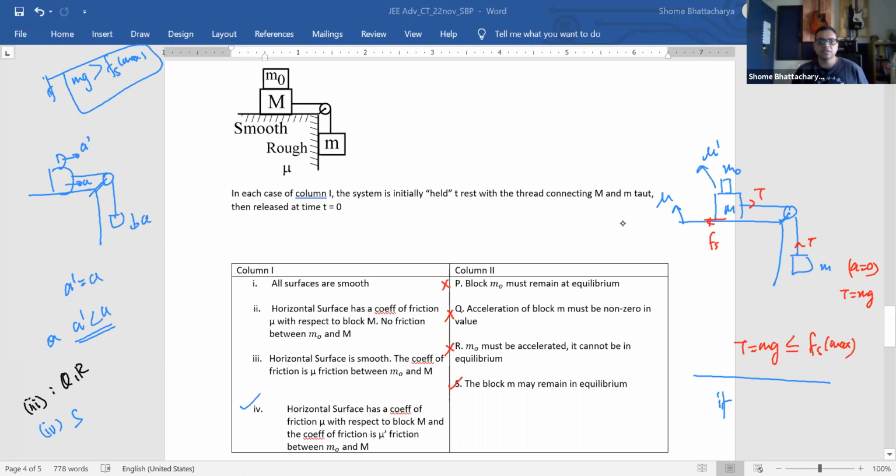It may be accelerated such that both these blocks move together, may be accelerated such that there's slipping between m naught and m, capital M. All the possibilities are there. Viraj, is the question clear, beta? The fourth part?